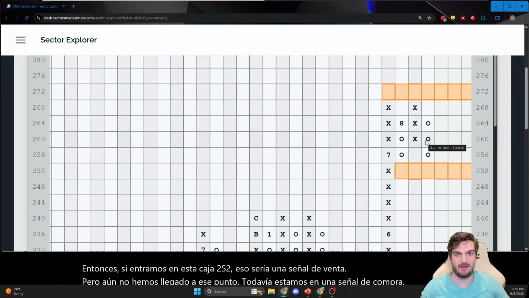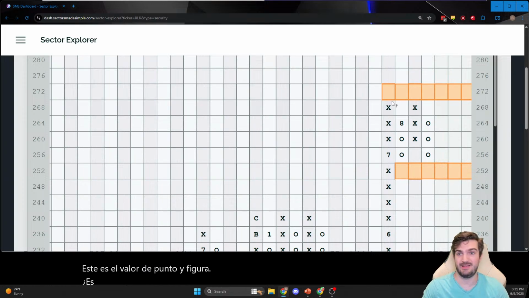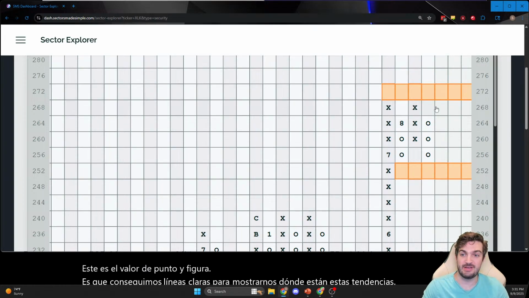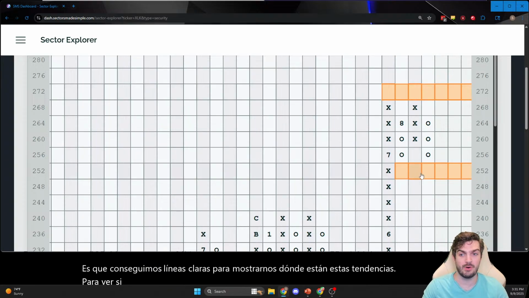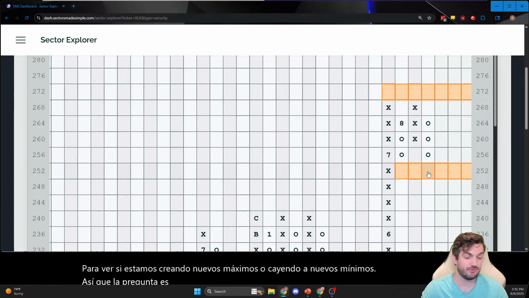This is the value of point and figure, that we get clear lines to show us where these trends are, to see if we're creating new highs or falling to new lows. So the question is, when is the long-term strength strong for the ETF?